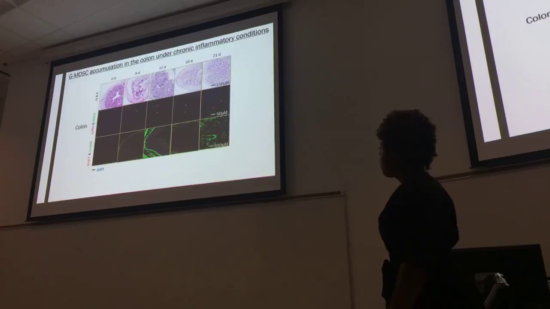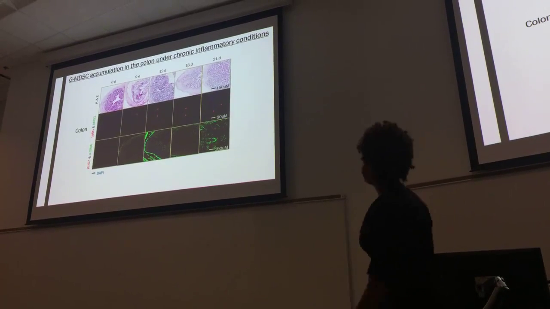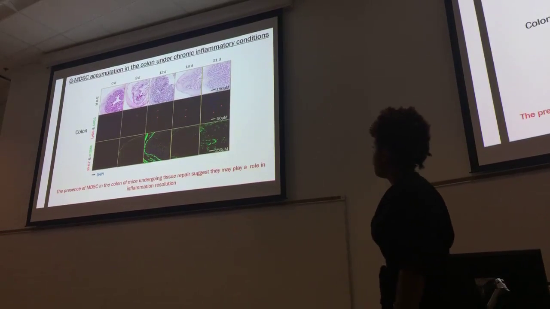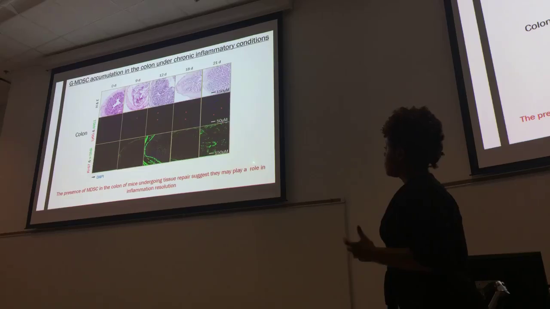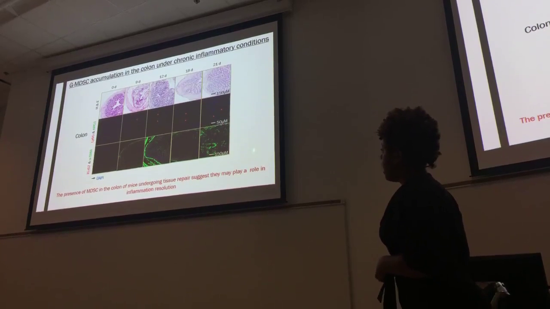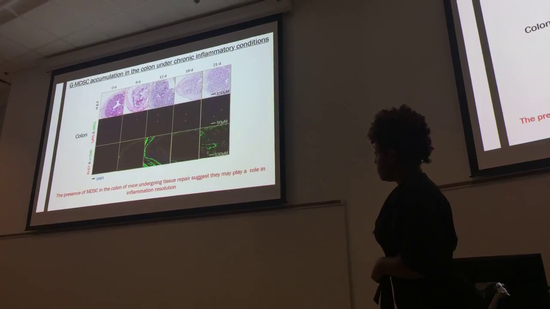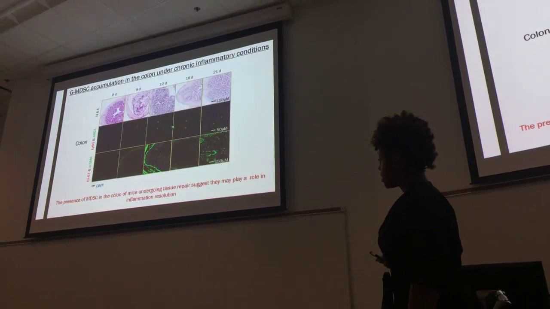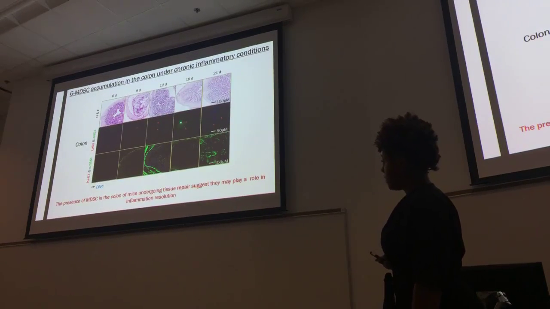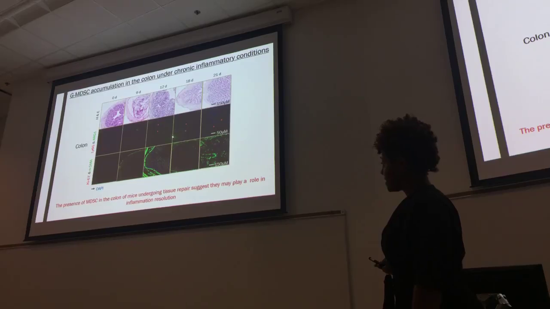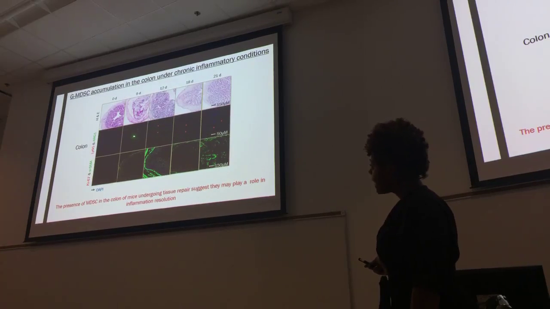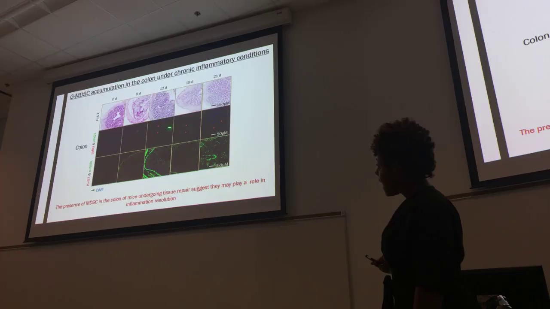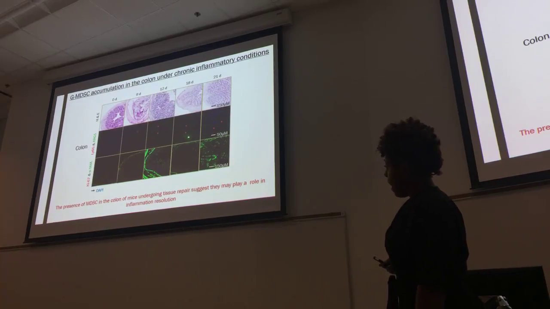We then looked at the colon, to again try to figure out what these cells are doing in the tissue. Here, between the three, we showed the presence of Ly6G positive, arginase 1 positive cells in the colon beginning at 9 days, but massively between 12 to 18 days.